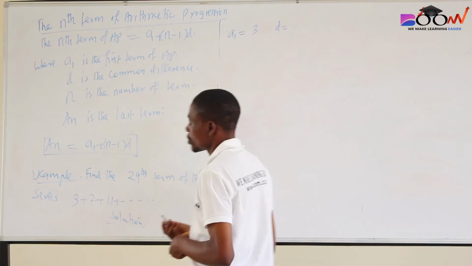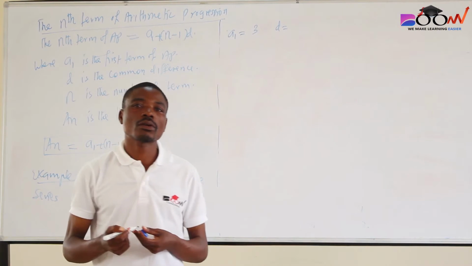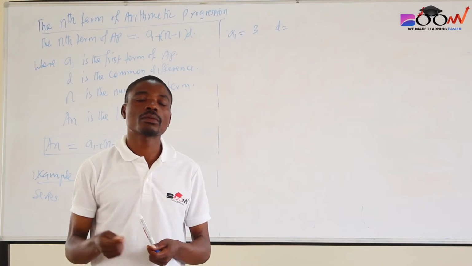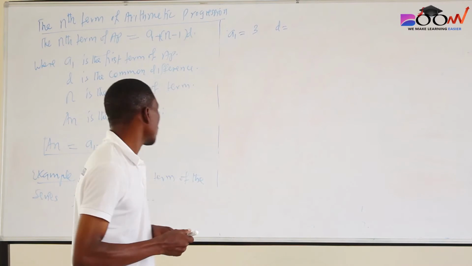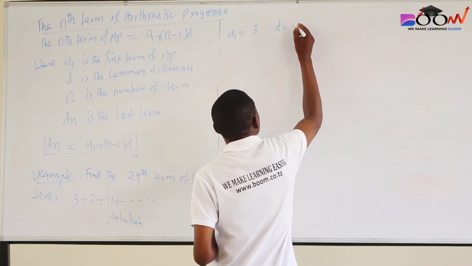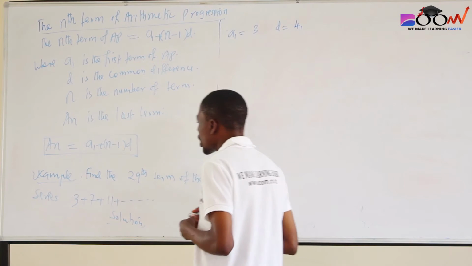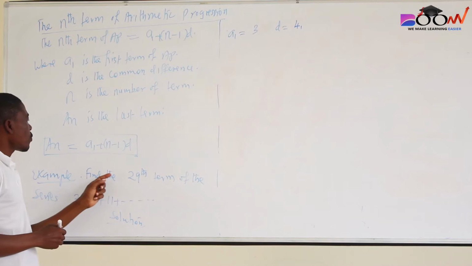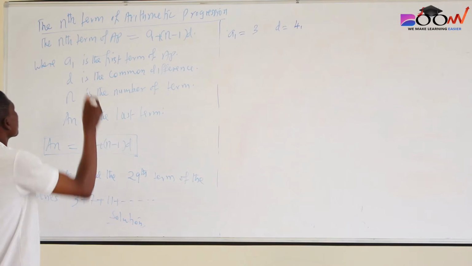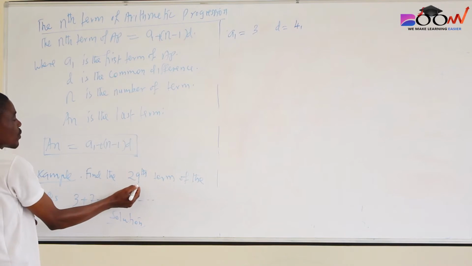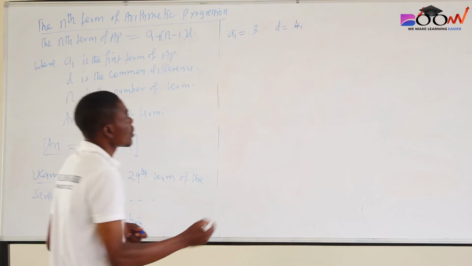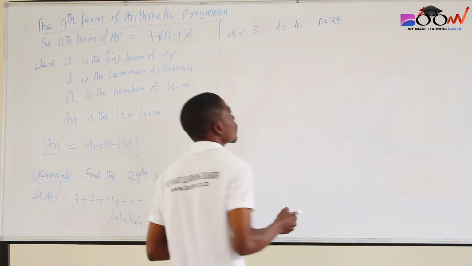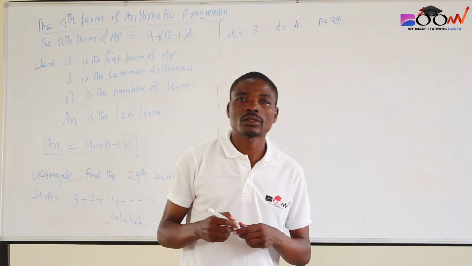Our common difference, taking the second minus the first or the third minus the second, is 4. And our number of terms, n: you have been told to find the 29th term, and this is talking about the nth term, so the position of n will be taken by 29. Therefore, our n is equal to 29.